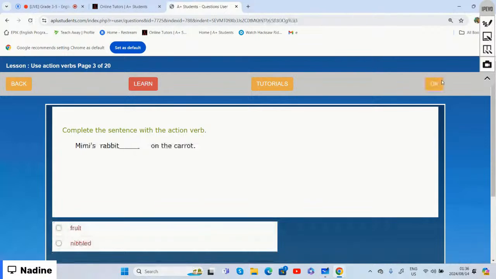Mimi's rabbit. Do we say fruit on the carrot or nibbled on the carrot?